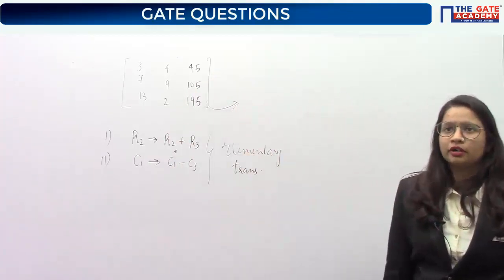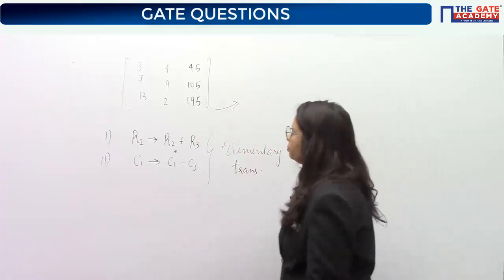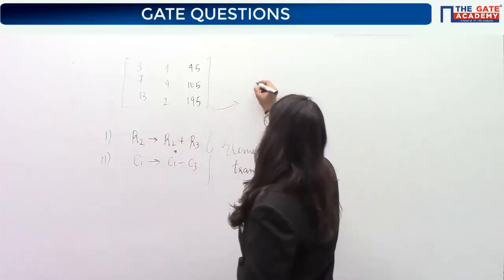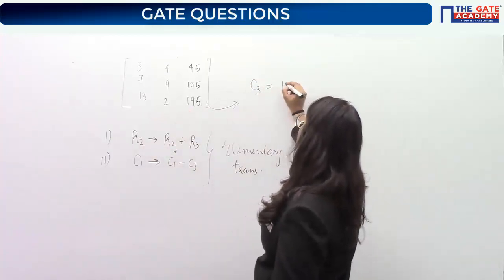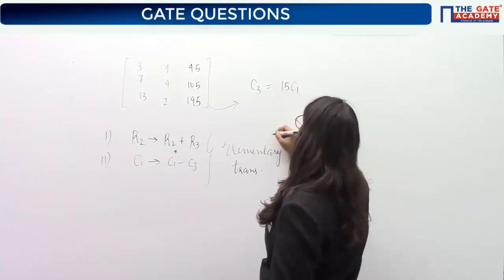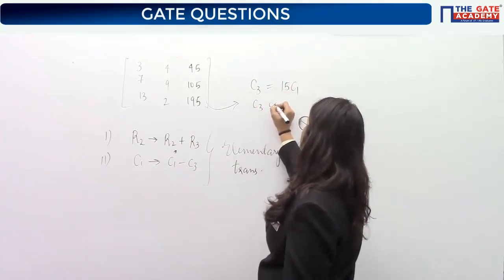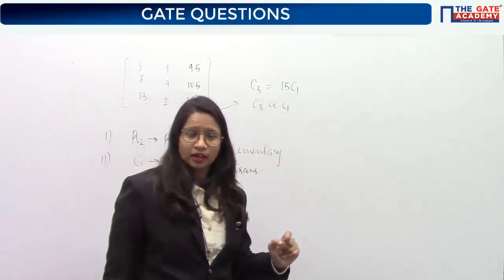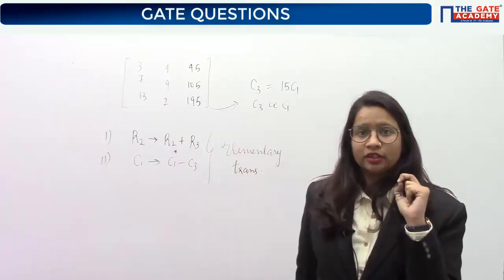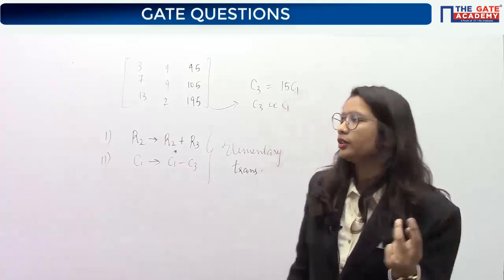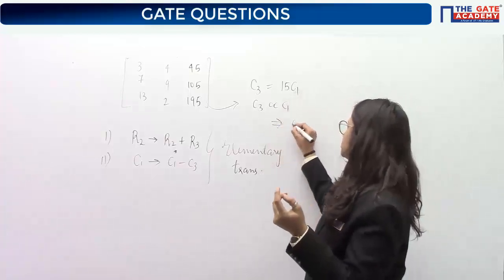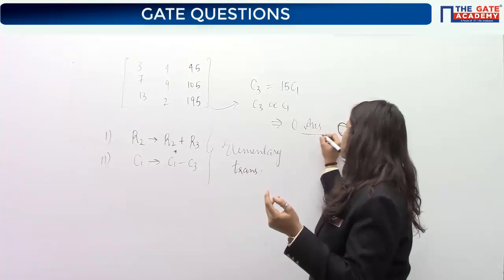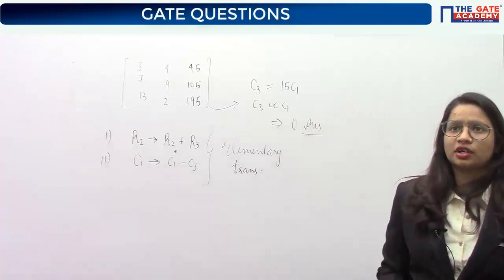You can see that your column 3 is just 15 times your column 1, that means C3 is proportional to C1. In the last class we saw that whenever a determinant has two proportional lines, the determinant value is 0. So the answer is 0 for this question.